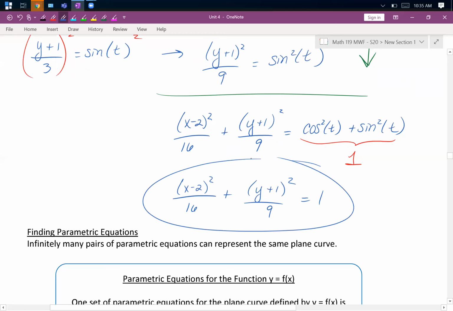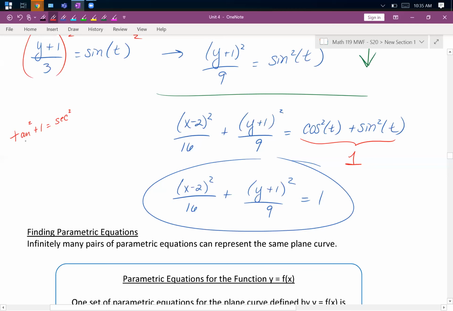Also, to make the Pythagorean identity work, you might end up having to subtract, because remember that our other Pythagorean identities are like tangent squared plus 1 equals secant squared.